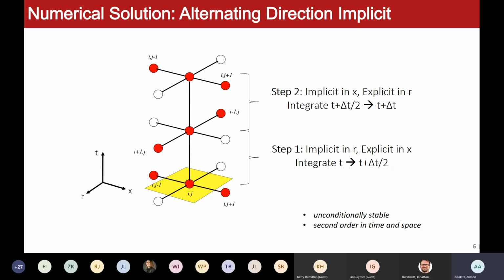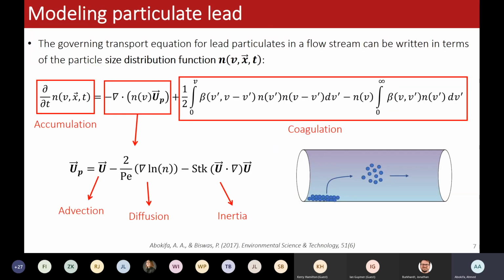And the reason why we picked this is because, first of all, it's easy to code, it's unconditionally stable under all flow ranges that we might encounter in lead service lines, and it's also pretty accurate in both space and time. Now, for modeling particulate lead species, things get a little bit more complicated because the transport of particulate species is dependent on several processes like advection, diffusion, coagulation, and deposition.